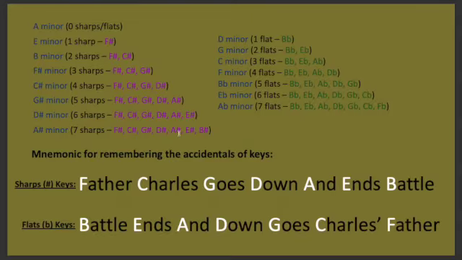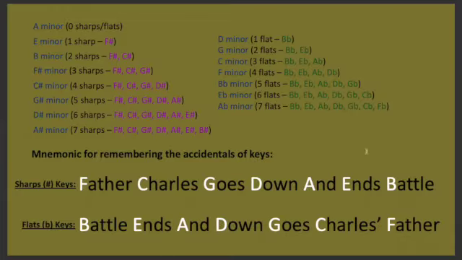This is very useful for knowing exactly where the sharps come in, or what the order of sharps is in a key signature. For the flat keys, we have battle ends and down goes Charles's father, which is the opposite. So it's read backwards, and we get the flats here.